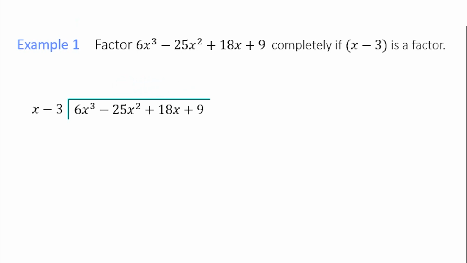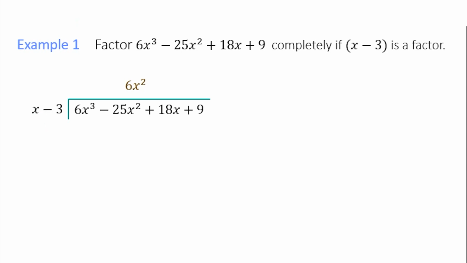First step is to divide the first term of my polynomial by the first term of my divisor. 6x cubed divided by x is 6x squared. I'm going to copy it to the top. Then my next step is to do multiplication, so I'm going to use this term of the quotient and multiply the whole divisor.